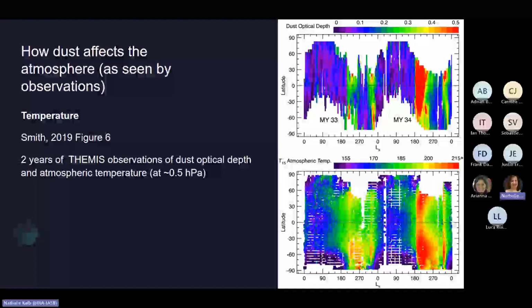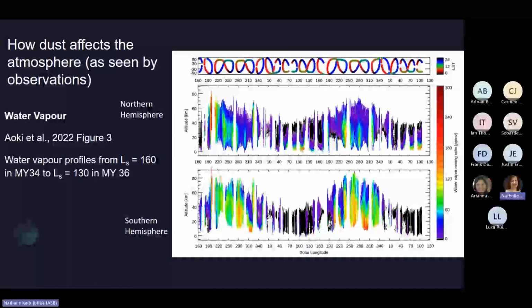Okay, so that's good. It also affects things like water vapor, and this is from Shohei Aoki. He's showing Northern Hemisphere NOMAD observations, Southern Hemisphere NOMAD observations. So again, time and height, these are profiles. And you see during dust storms, this is from Mars year 34, the big dust storm.